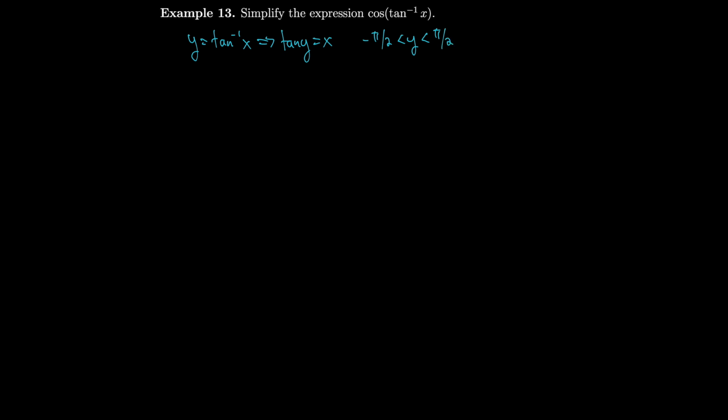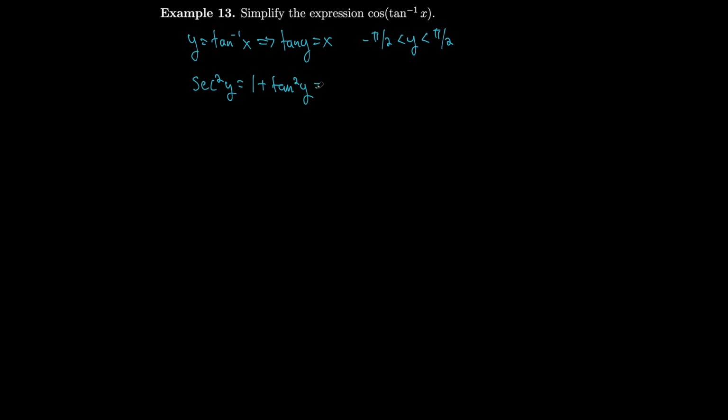Okay, we know that we can do something with the tangent of x in relation to secant of x. It's kind of hard to go from tangent to cosine, but we do have an identity that goes from tangent to secant. We know that secant squared of y is equal to 1 plus tangent squared of y.